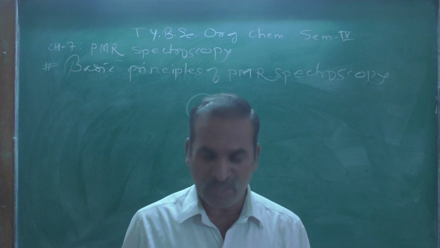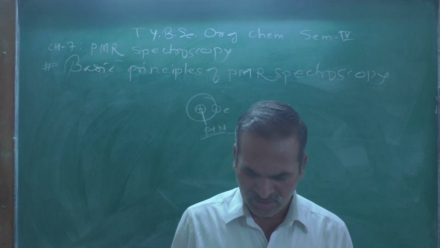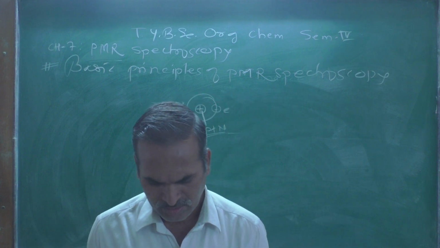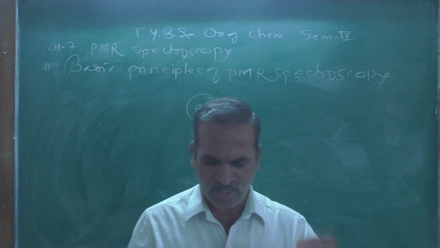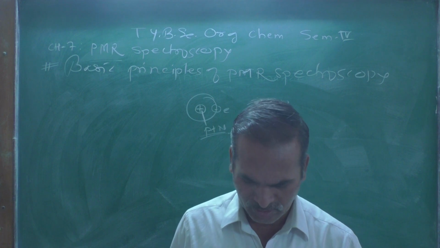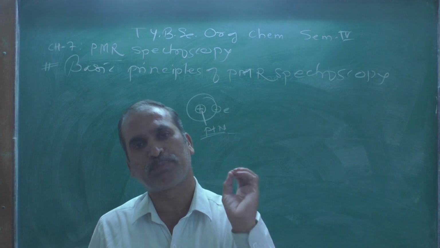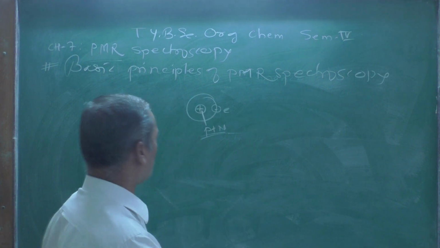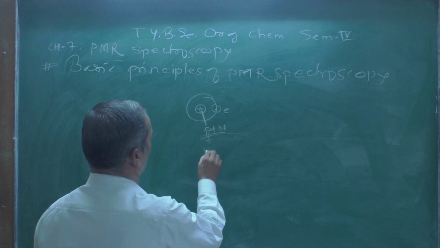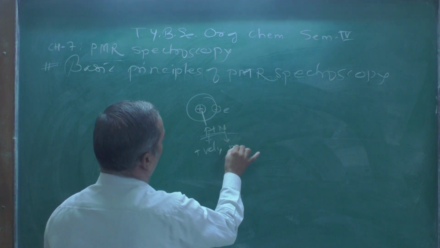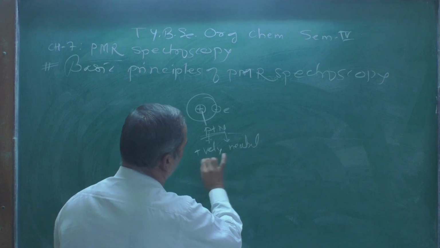The nucleus of an atom is positively charged and contains protons and neutrons. The neutrons are electrically neutral, and hence we are concerned with the protons only. Protons are positively charged and neutrons are electrically neutral in nature.